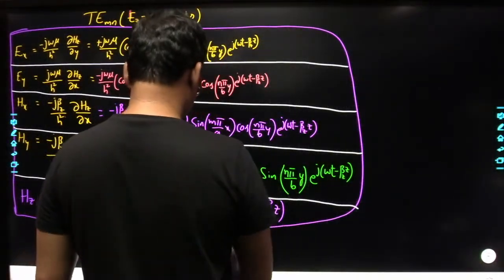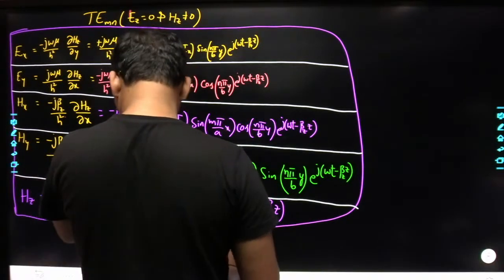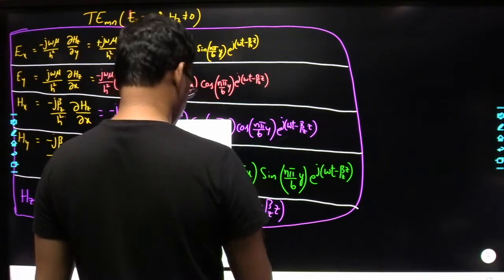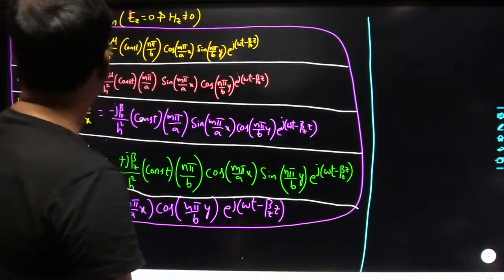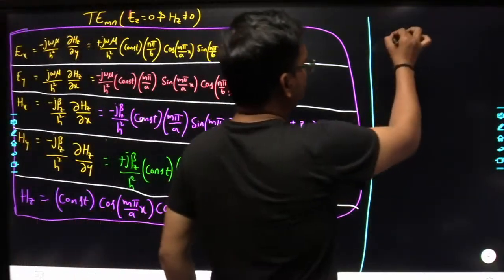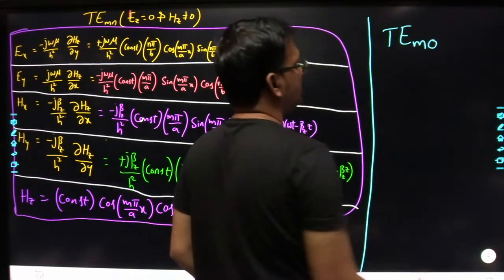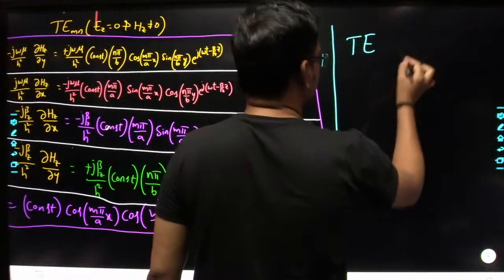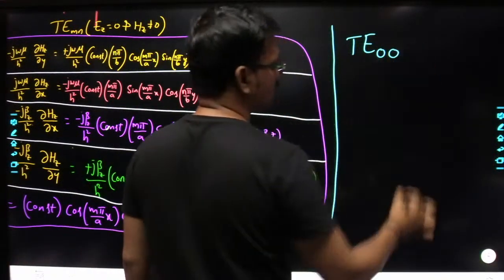Let us take a blue color here. Let us take the TE m0 mode. First let us take the TE00 mode, so I am taking m equal to 0 and n equal to 0.